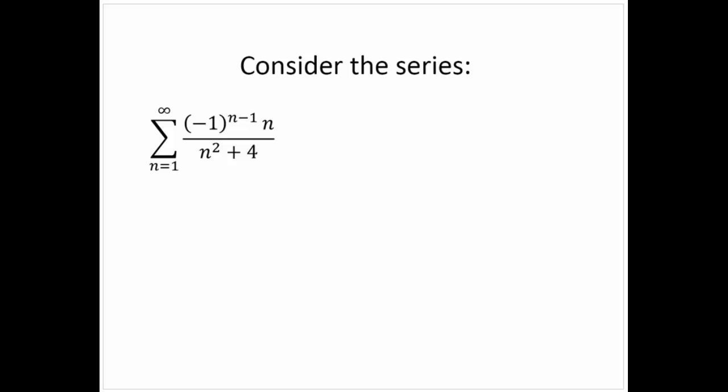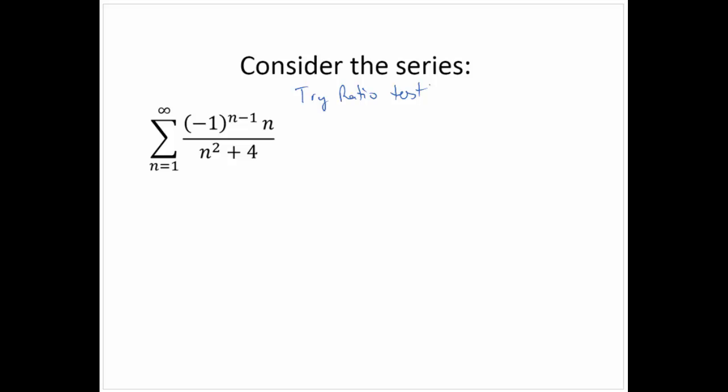It does not involve any factorials. And in fact, if you try the ratio test, and I would strongly suggest that you do this, you should try the ratio test on this and see what happens.